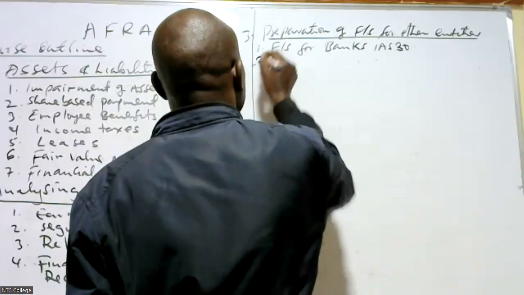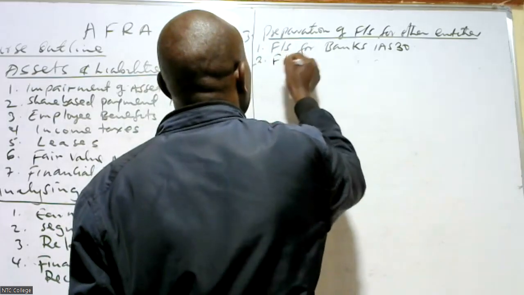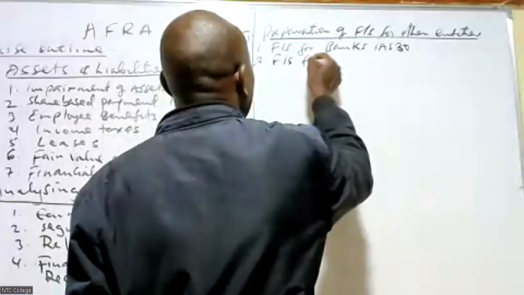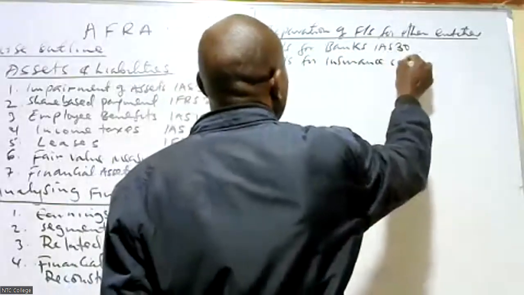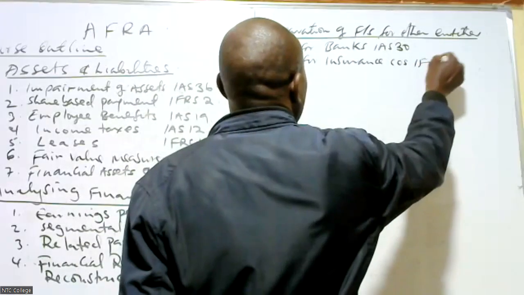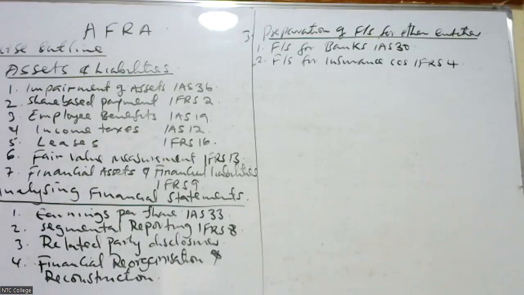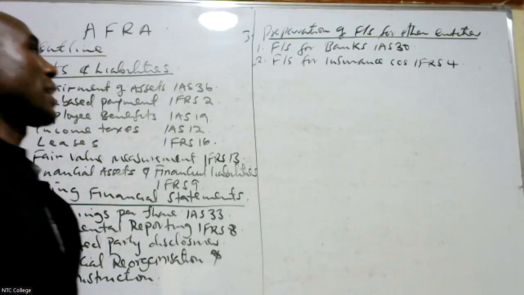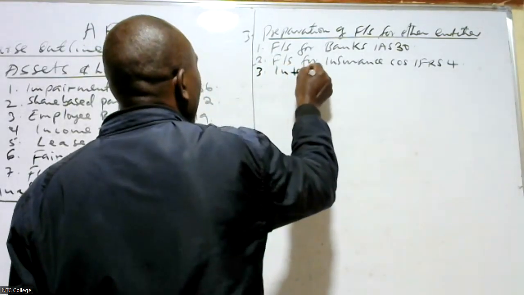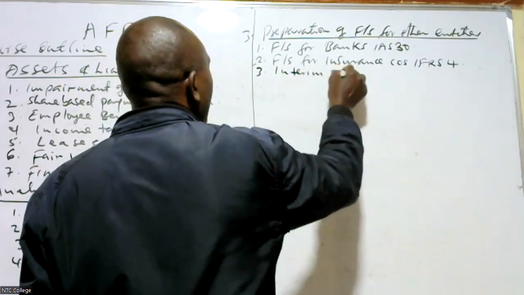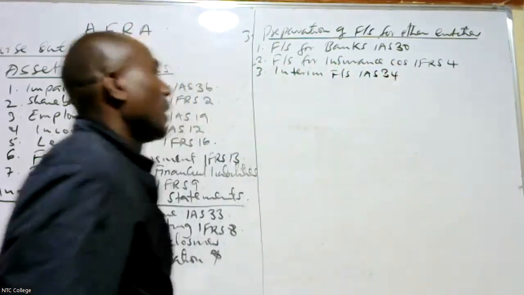Number 2, financial statement for insurance companies. That is IFRS 4. Then number 3, interim financial statements, IAS 34.